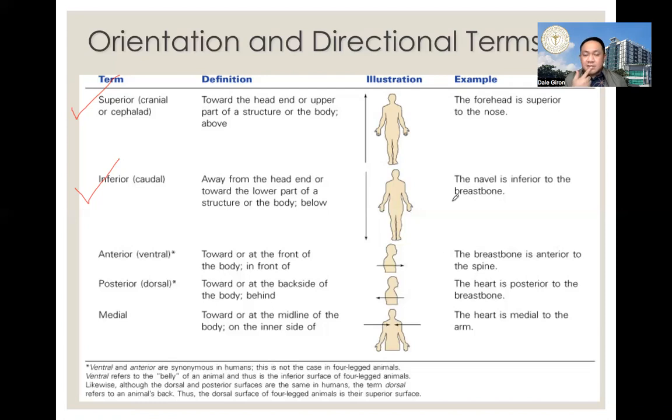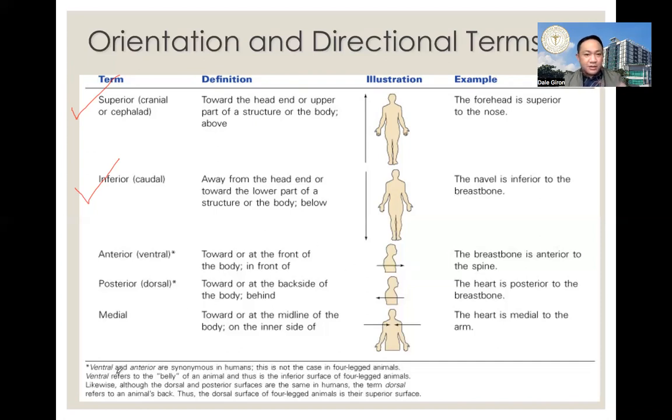The mouth is inferior to the nose. The eyes are inferior to the forehead. Lahat pababa or below. And that is the complete exact opposite of superior. So at this point, okay pa tayo. We have the superior above and the inferior below. All right, next.